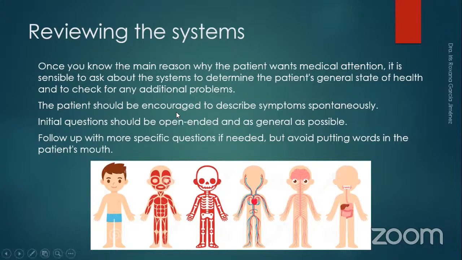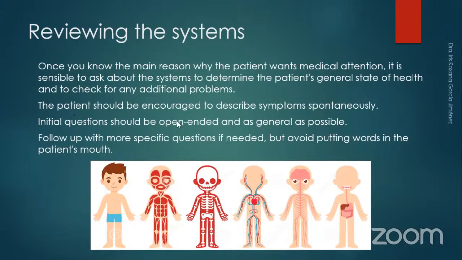The patient should be encouraged to describe symptoms spontaneously. We don't have to direct anything about the anamnesis. We don't have to ask for anything. They have to start talking, and we just help them to organize chronologically, right?